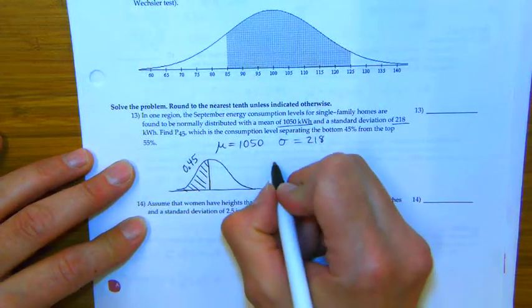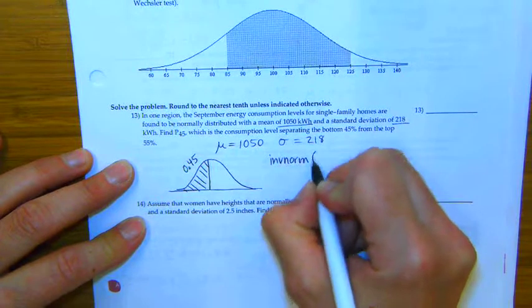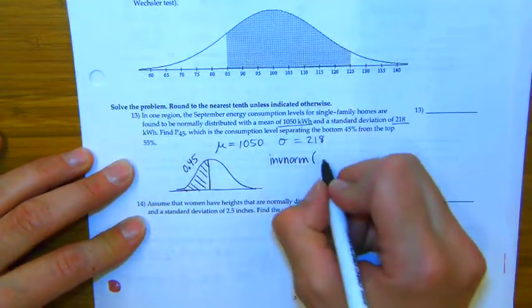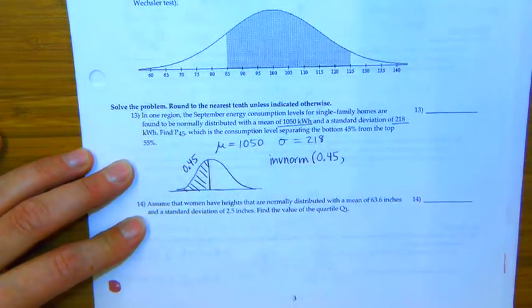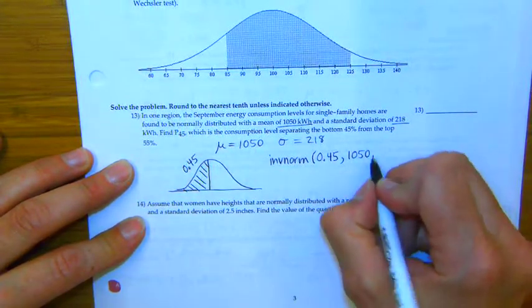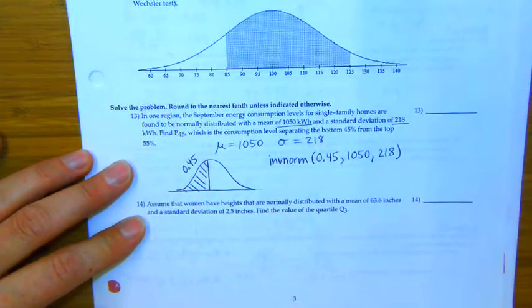But instead of doing that, I'm going to use the inverse norm. I'm going to tell my calculator the area to the left, which is 0.45. Then I'm going to look at what is my mean, which is 1,050, and what is my standard deviation. And then I let the computer do all the work.